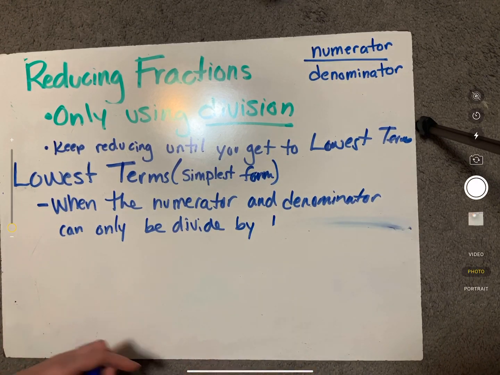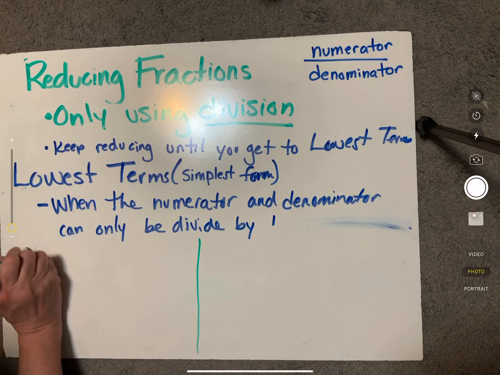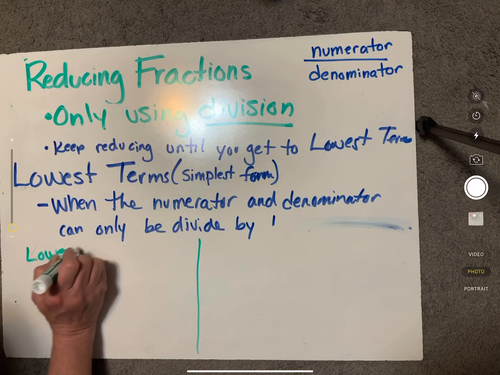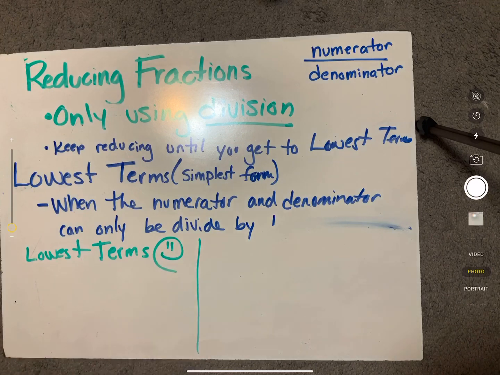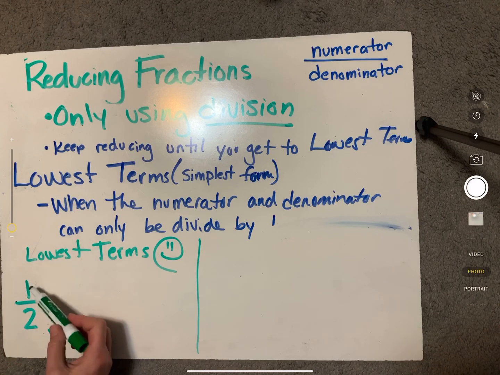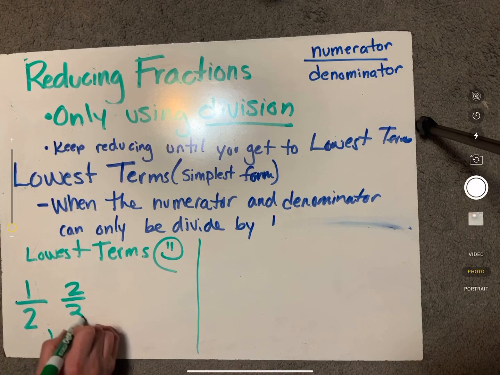Okay, so here is a list of lowest terms on this side. Some smiley face lowest terms over here. So we have numbers like 1/2. The only number that divides into the top and bottom there is 1. There's nothing different that they could divide by. We could have 2/3.